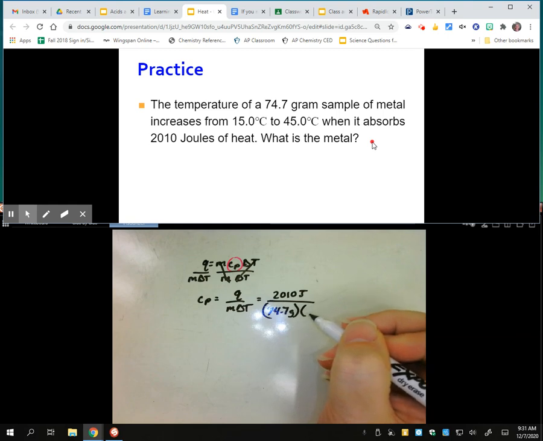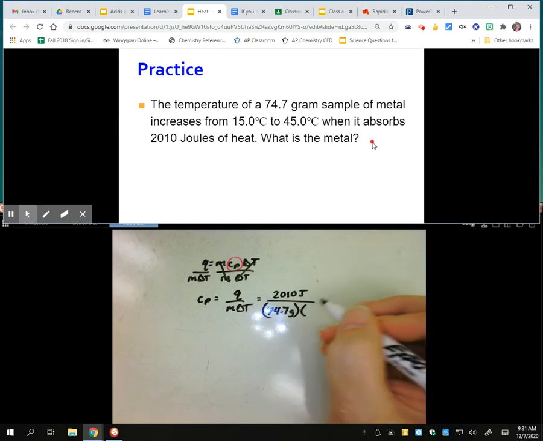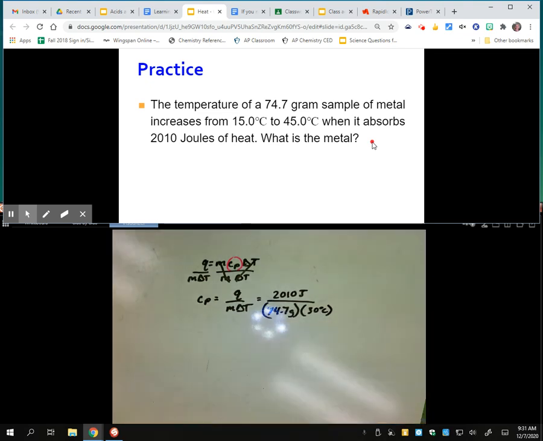So 45 minus 15 is going to give me 30 degrees C as my change. And again, put that here in one set of parentheses. None of my units cancel out, so I have to leave them right where they are. Joules on top, grams and degrees C on the bottom. And then when I do this calculation, I end up with 0.897 as my specific heat.